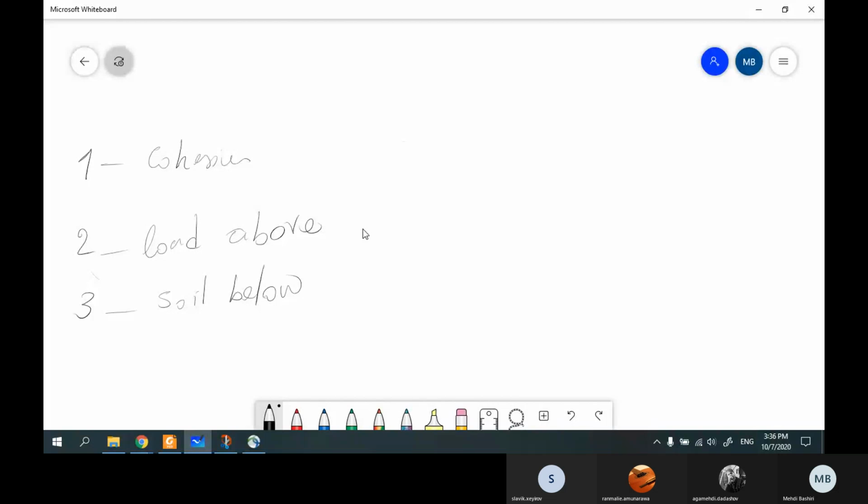The other one, the load above. What does it mean? For example, this is your surface, and you have a pile of, whatever, bricks or soil on the ground.